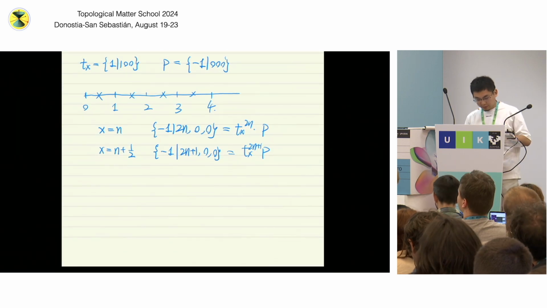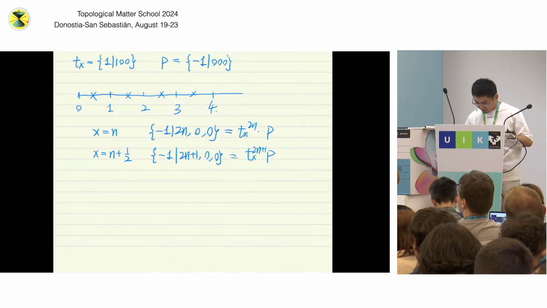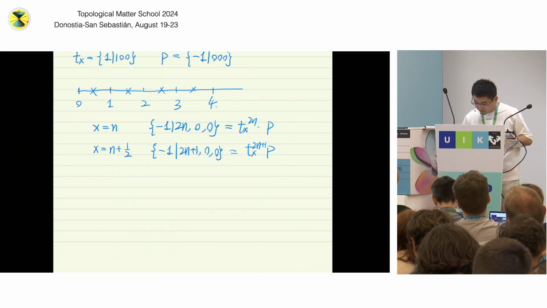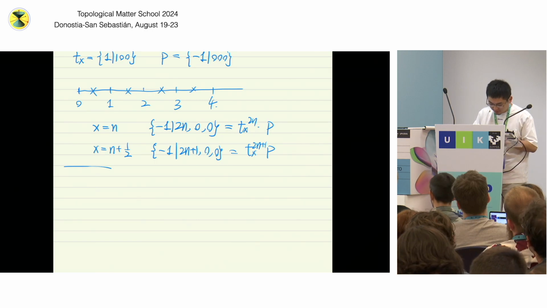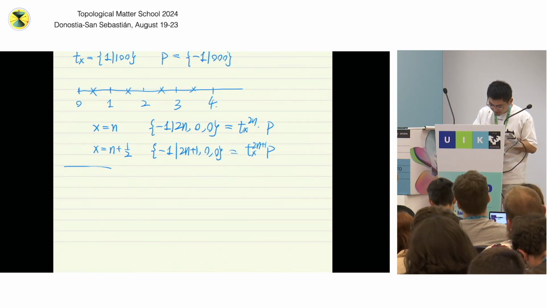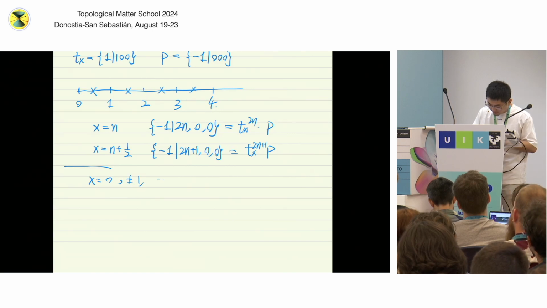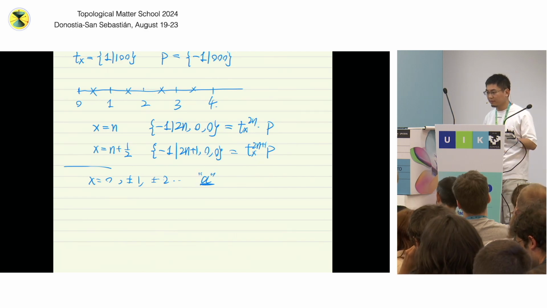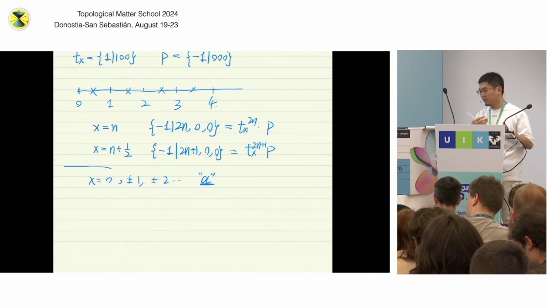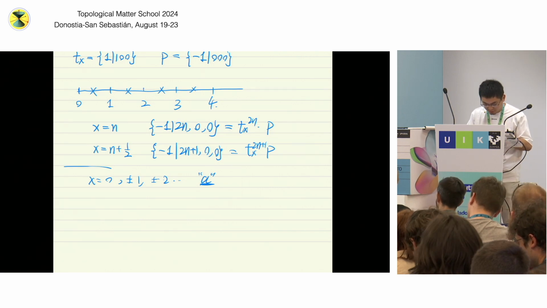Okay, so now we can introduce the notion of Wyckoff position. We notice that in each unit cell we have two high symmetry points. We label the integer position with the notation A. It's just a notation for the Wyckoff position. Wyckoff positions basically label all the points with different symmetries.